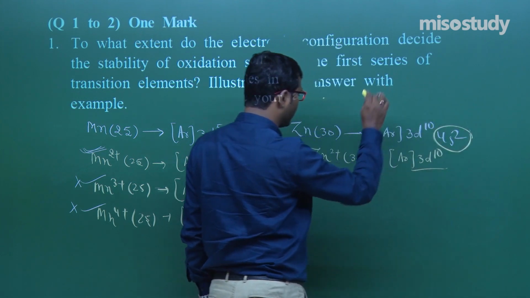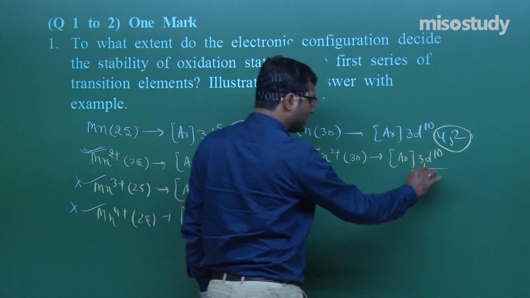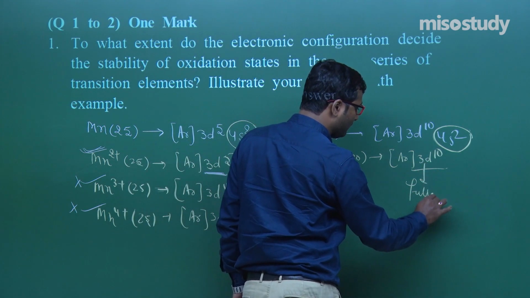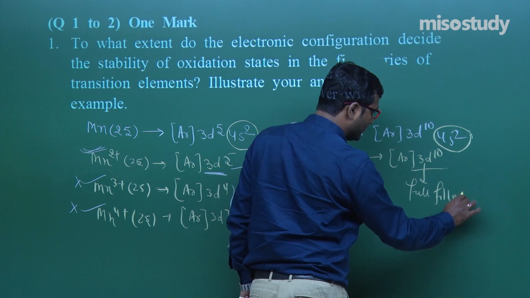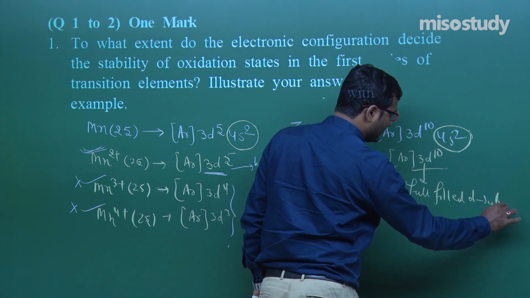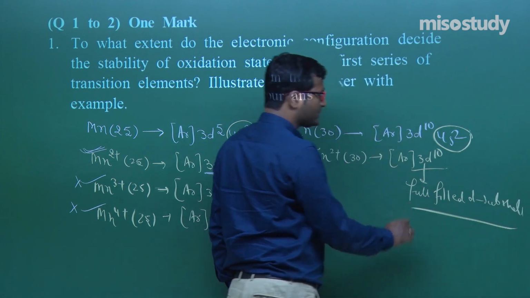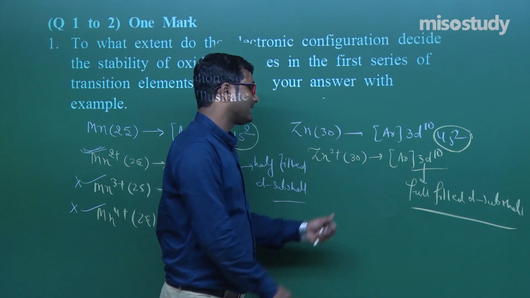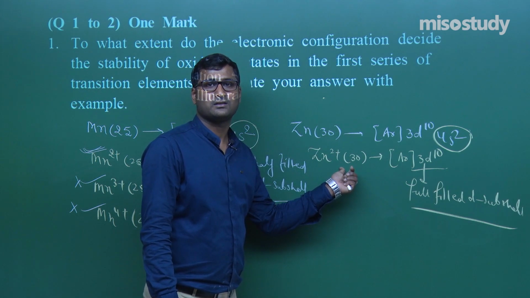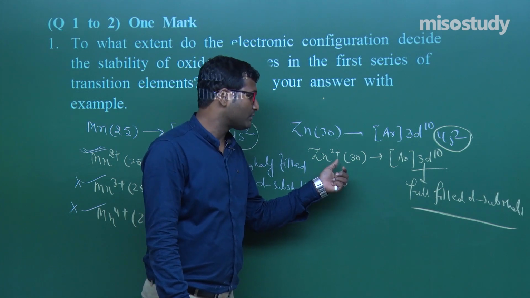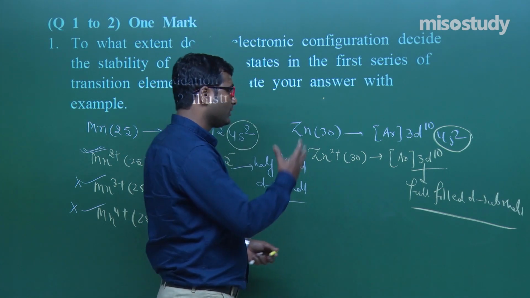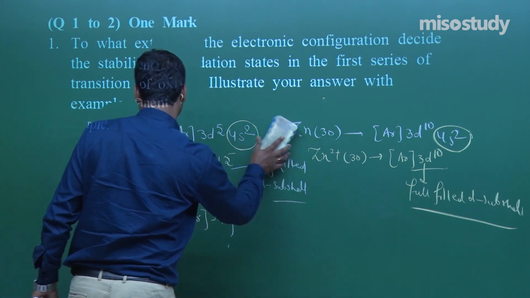It loses the 4s electrons. Now it has a fully filled d subshell. If it has a fully filled d subshell, then what do we estimate, my friend? The +2 oxidation state is stable. So, this is the complete description of this question.